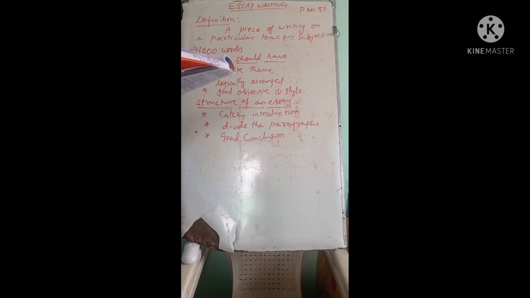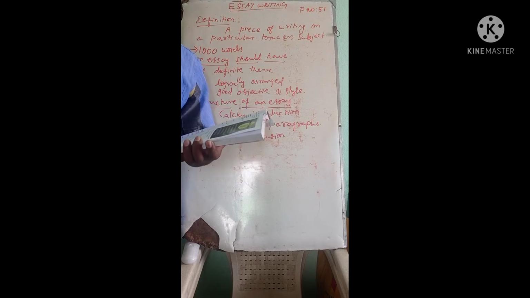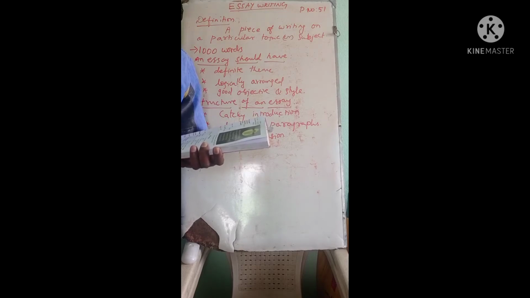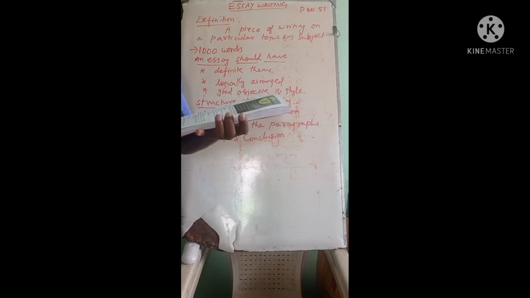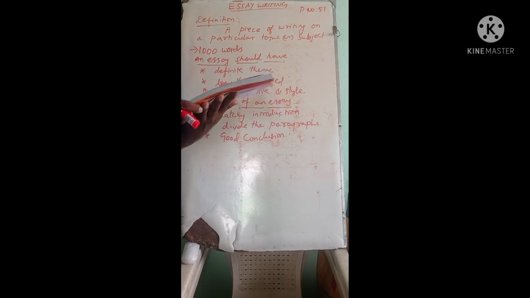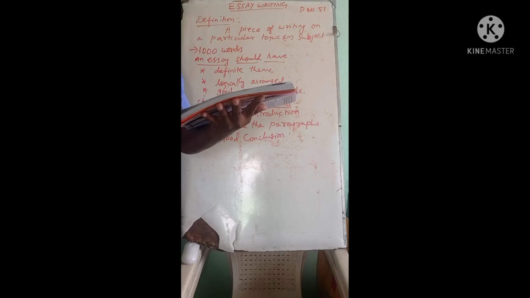Listen. He has to do a rough work. Clear? Before he starts to write his essay, he or she should have a rough copy of the essay. See, what is asked is to jot down main points and sub points.